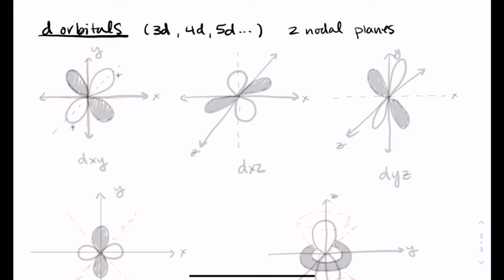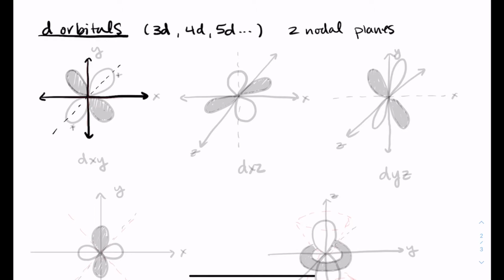There's dxy, which is in the xy plane. So I've got my normal axis system. I've just put a dashed line in for the z-axis so that we can look at the axes for the plane that the d orbital is in. And it has 4 lobes.